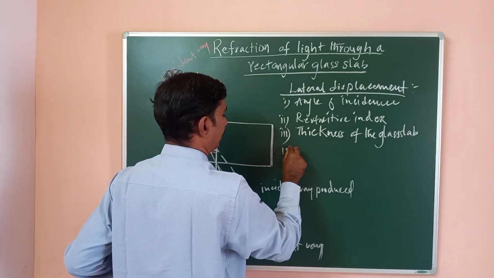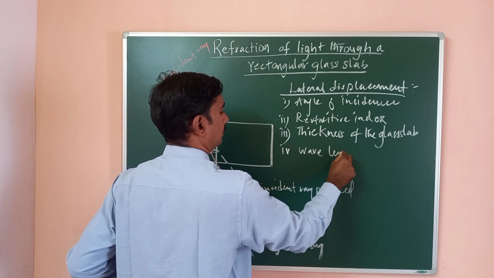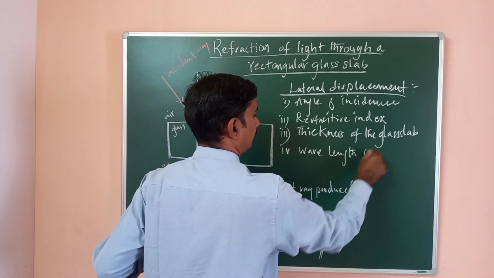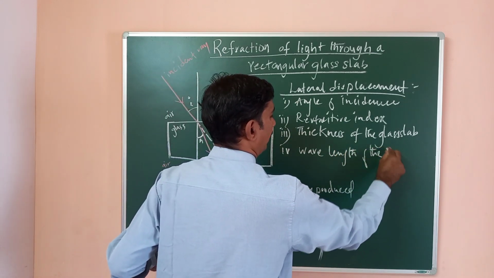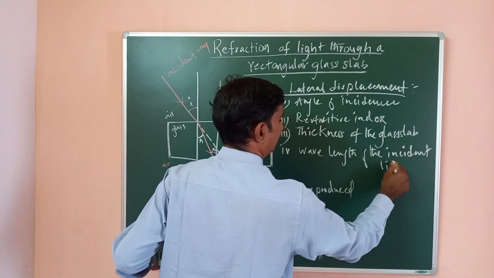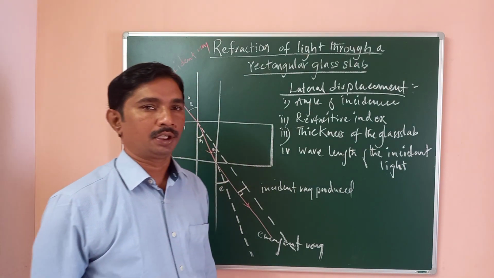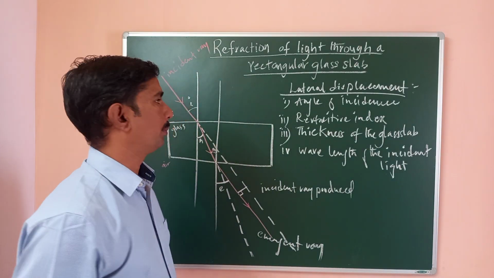And the fourth is the wavelength of the incident light used. These are the four factors on which the lateral displacement depends.